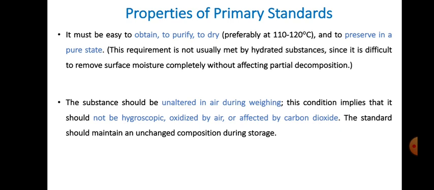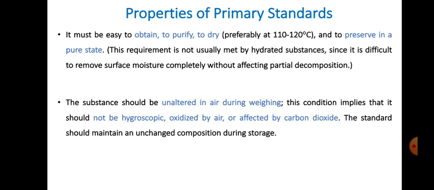Sometimes some substances get easily oxidized when they are exposed to air, right? Those substances also we cannot consider as a primary standard, because they are exposed to air, and that is very common, because we need to expose the substance during normal weighing. If it is getting oxidized, then it will change its chemical form and will not be considered a primary standard.